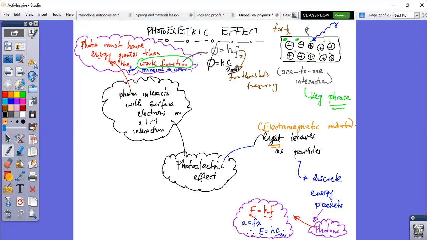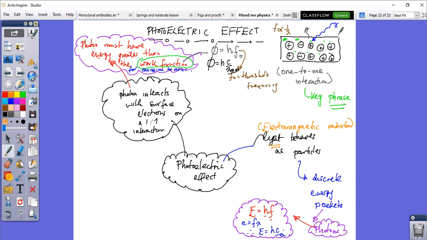In other words, a question could say, what is the maximum wavelength at which emission will occur? You could be asked that. Or what is the minimum frequency? Note that if they're referring to maximum, it's simply the same as the minimum or the threshold frequency. Are you following so far? Good.